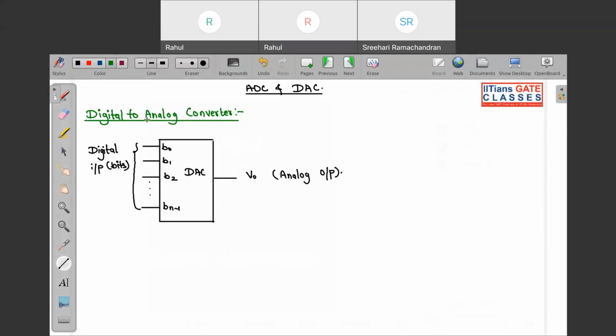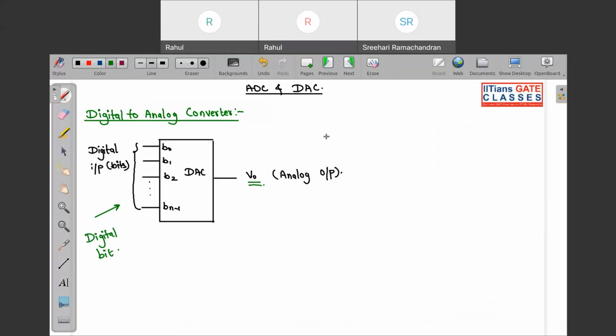Okay. For the digital to analog converter, I was telling that at the input side we have our digital bits. Corresponding to that, we get an analog output voltage. So this is your normal digital to analog converter.